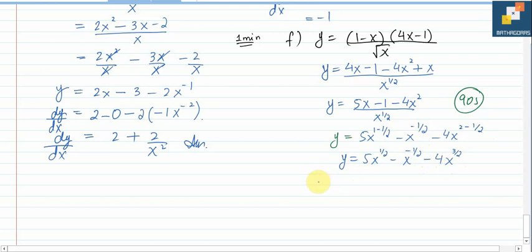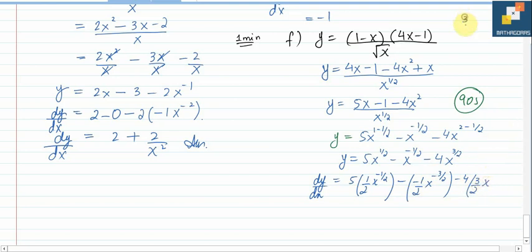So now dy by dx is equal to 5 into 1 upon 2 x power 1 upon 2 minus 1, which is minus 1 upon 2, minus, 1 upon 2 x power minus 1 upon 2 minus 1, which is minus 3 upon 2, minus 4 into 3 upon 2 x power 3 upon 2 minus 1.